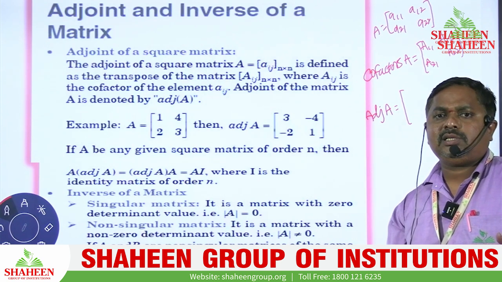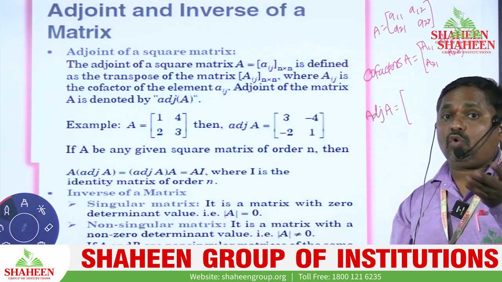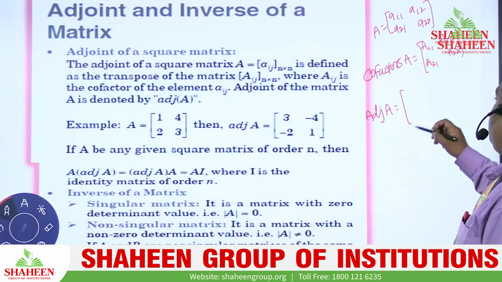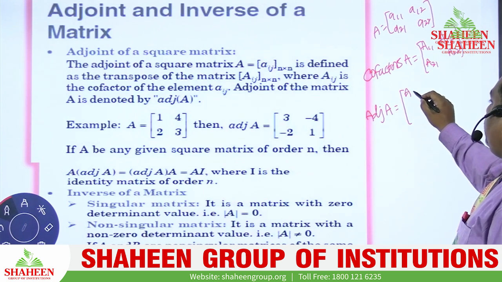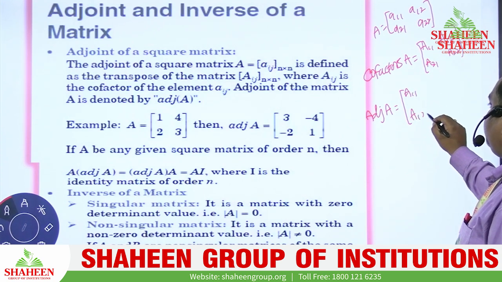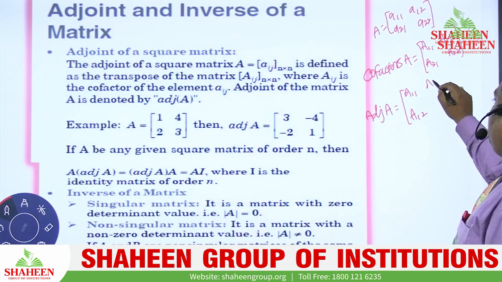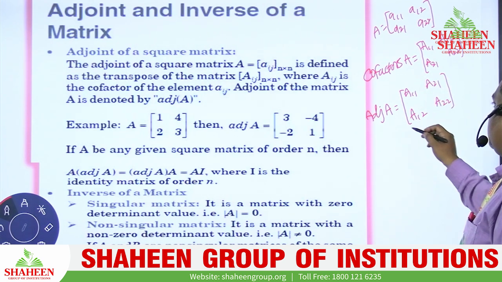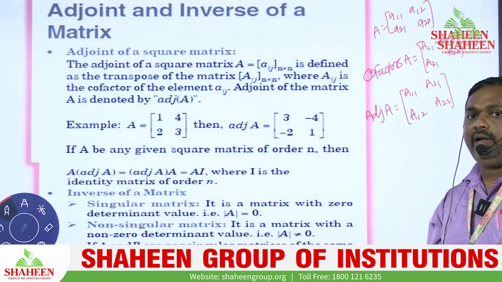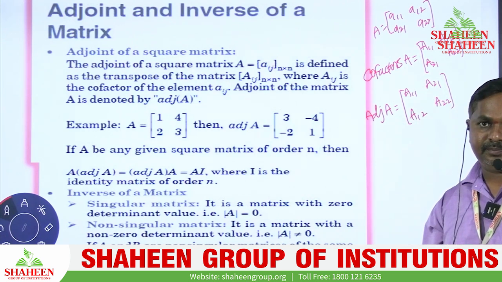Transpose means we are changing the rows into columns. First row A11, A12 we change as a column. Then second row A21, A22 we change into a column. The resulting matrix is the adjoint of the matrix A.